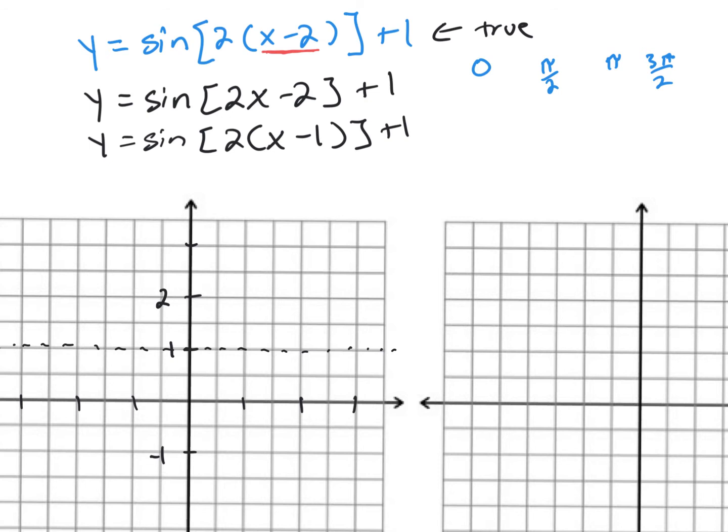But now, since our phase is being multiplied by 2, we divide by 2, so it shrinks. So instead of going from 0 to pi, we start off at 0, and then we divide that by 2. So this is pi over 4, pi over 2, and then 3 pi over 4, which is now our new condensed phase.